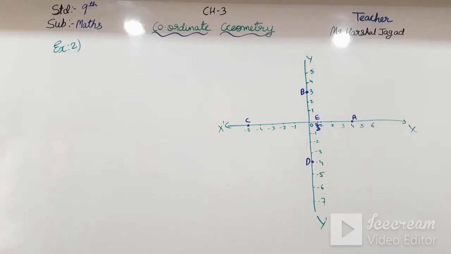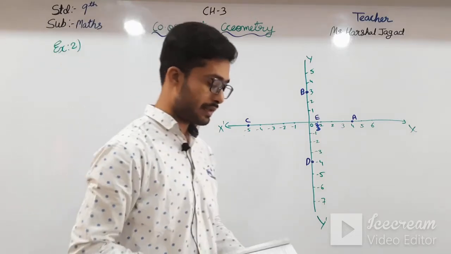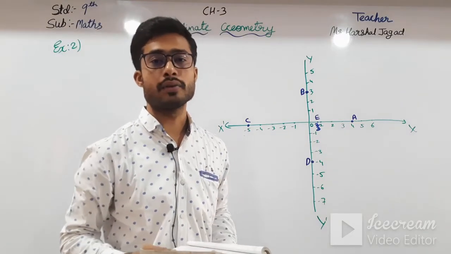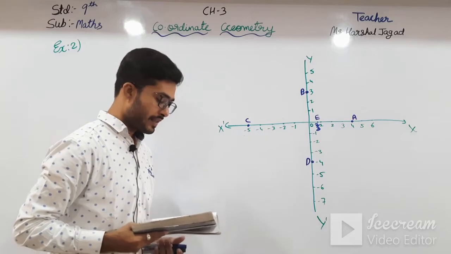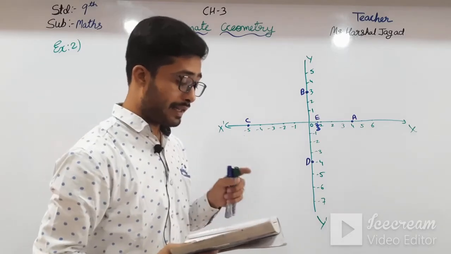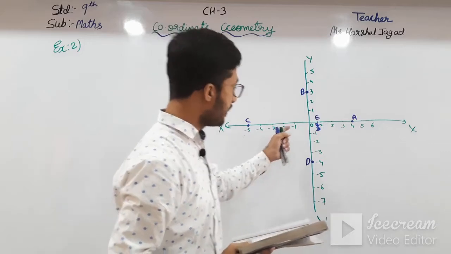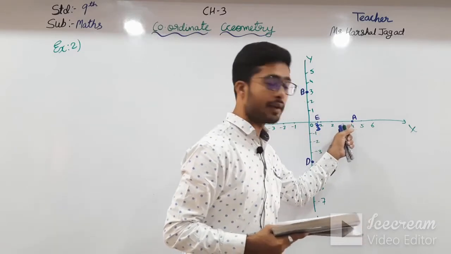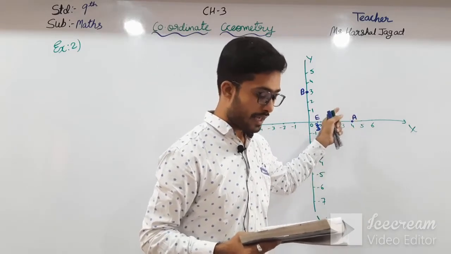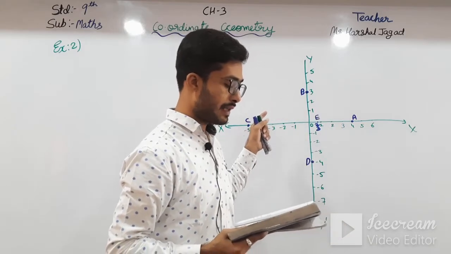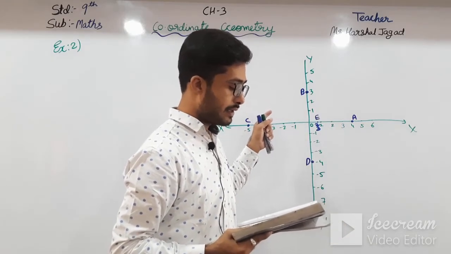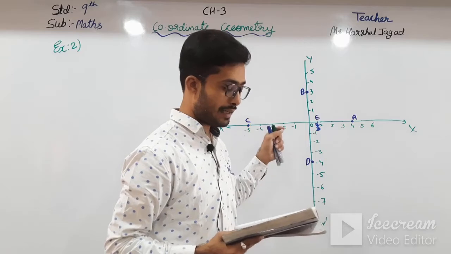Okay students, now let us solve the points one by one. But before solving this, see here, there are some points given that I am reading, so that you can easily get an idea of how to solve the points. The point A is at a distance of +4 units from the y-axis and at a distance 0 from the x-axis.